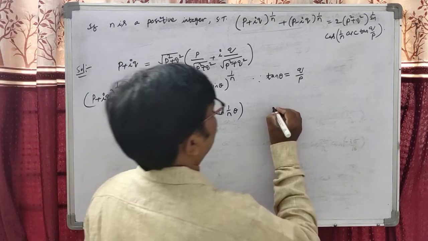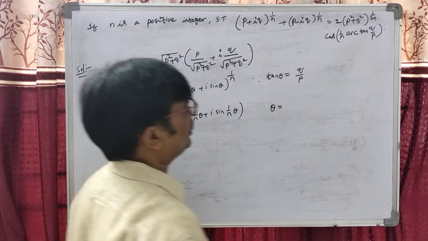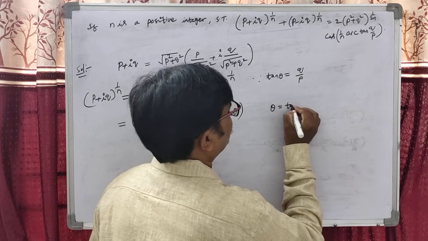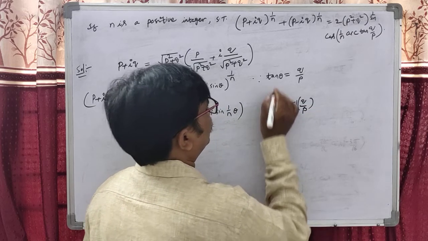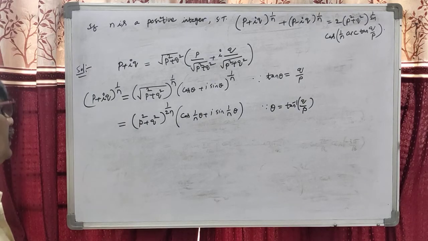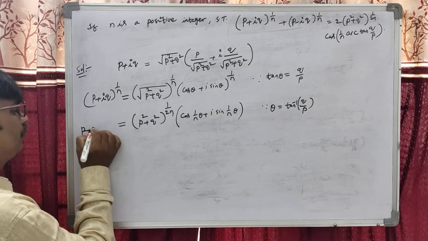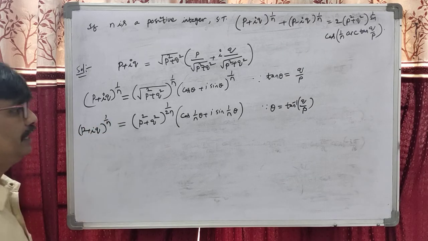So this is θ equal to, what is this, students? We can write θ equal to tan⁻¹(q/p). The tan is sent to the other side, tan inverse. My dear students, this is the value of (p + iq)^(1/n).